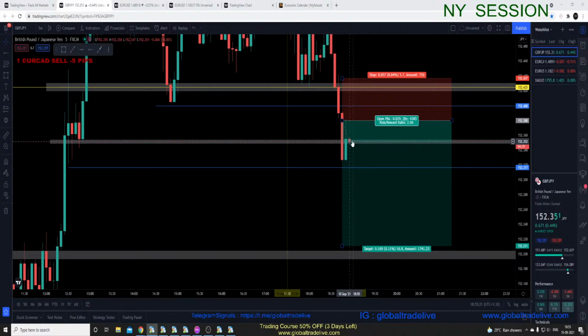I want this 5-minute candle to respect the previous candle's high and break the low so that it can push more down to this level.